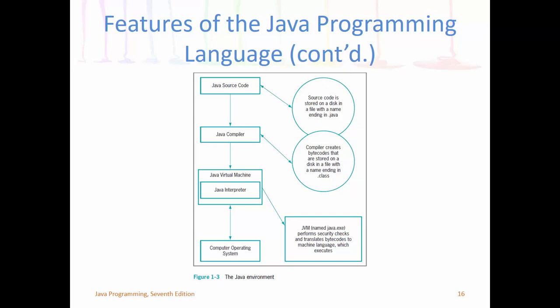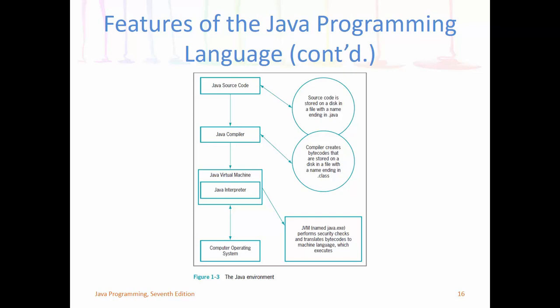The compiling will turn it into what we call bytecode. So it basically takes that information and turns it into a format that's a lot closer to what the machine can run. Then that will be sent to the Java virtual machine, where the interpreter will take that bytecode and convert it into a language that will execute within that environment.